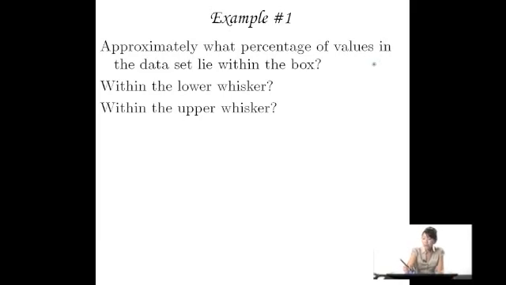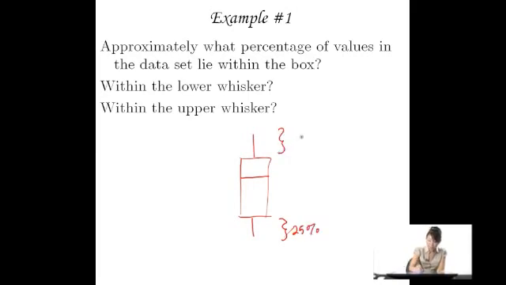So approximately what percentage of values in the data set lie within the box, right? So that box with those whiskers, right? What percentage of the data lie in there? Well, we know that this is 25% of our sample, as well as this is also 25%. And each of these quartiles are also 25%.